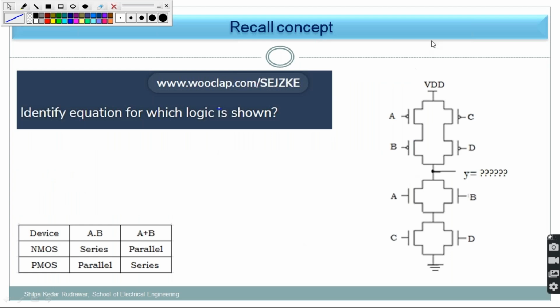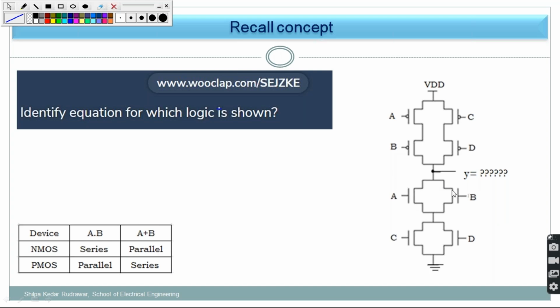Now one thing, I told you in one way that if something is in series, you need to connect NMOS in series. If A plus B, NMOS should be connected in parallel. Now can you see this diagram and identify by reverse engineering what equation it is implementing?